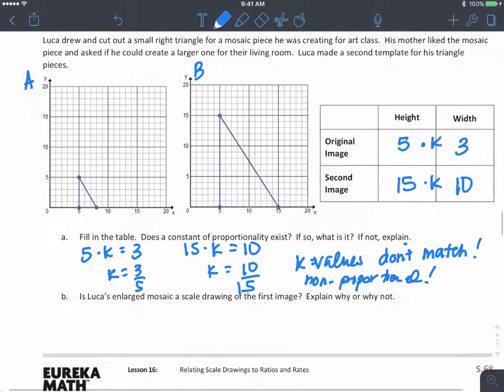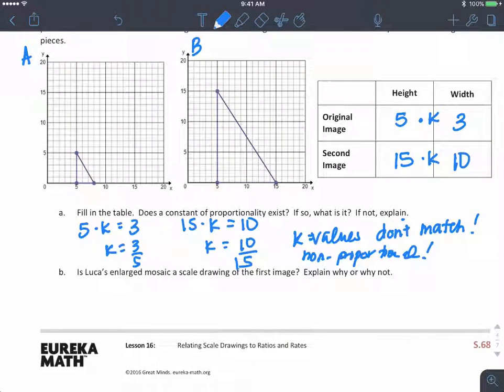Okay, so now we go to, is Luca's enlarged mosaic a scale drawing of the first image? Explain why or why not. Since they don't have a proportional relationship, we can't say that they're scale drawings.